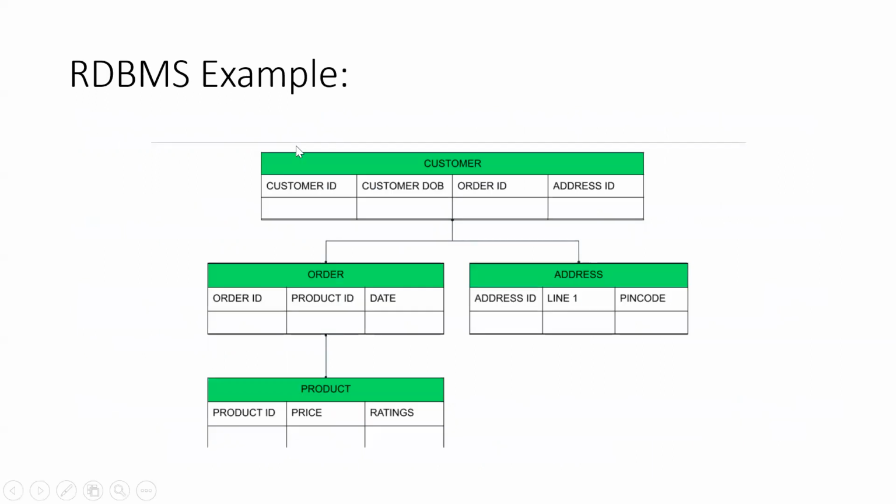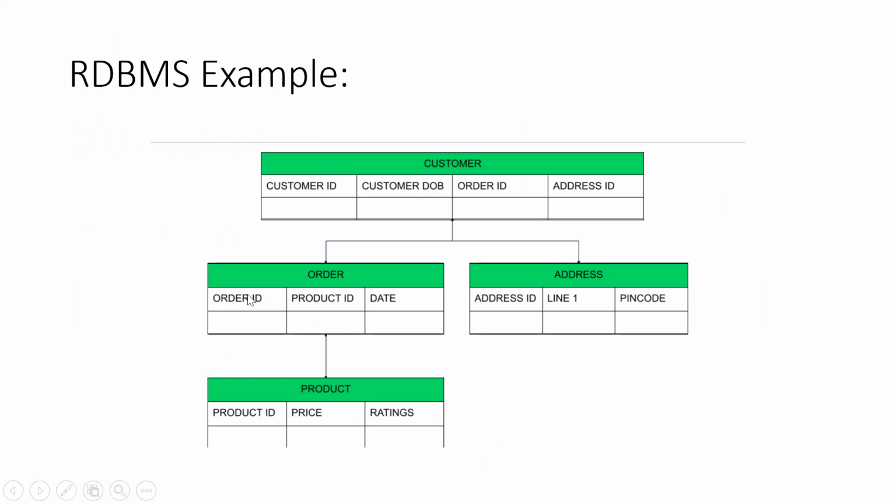So this is an example. Over here we have the customer table. In the customer table, we can see the different columns: customer ID, customer date of birth, order ID, address ID. And there is another table called order.